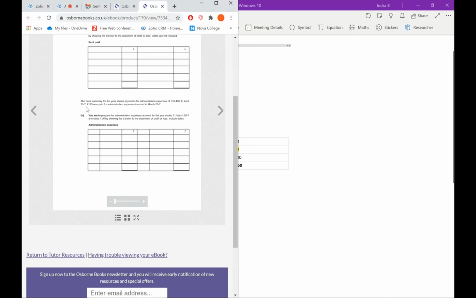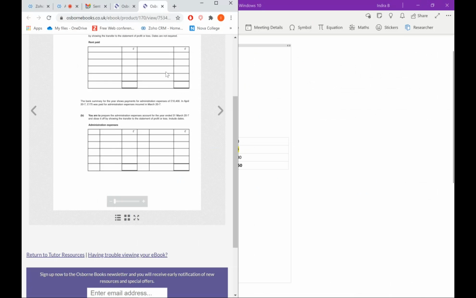It says in April 2017, 175 was paid for administration expense incurred in March. So on March, this 175 was advance or due? It was the due payment, due to be paid. It was an accrued expense.